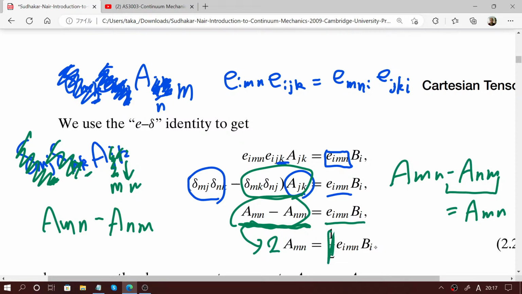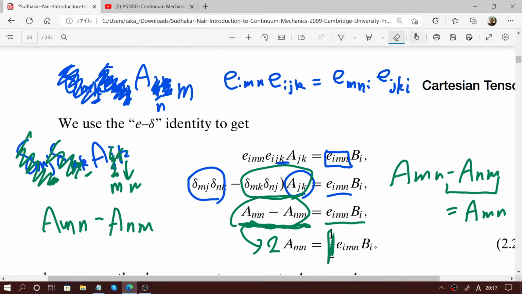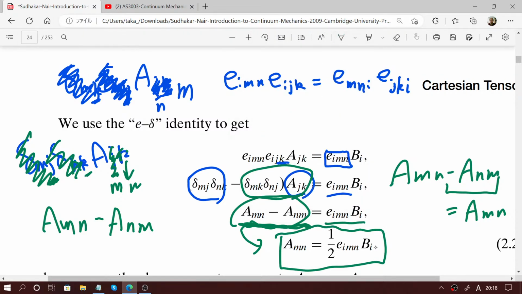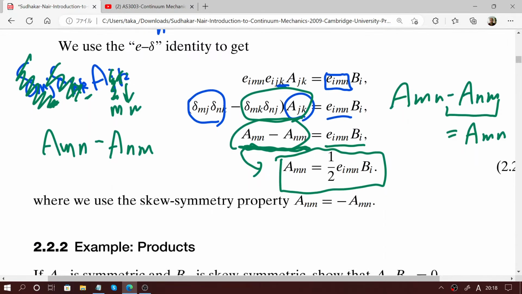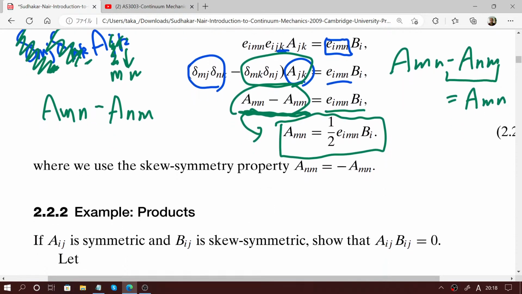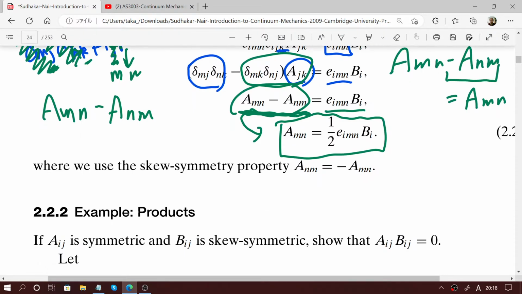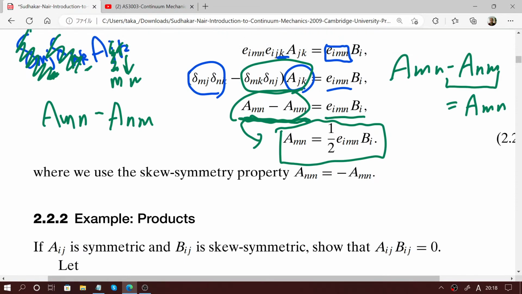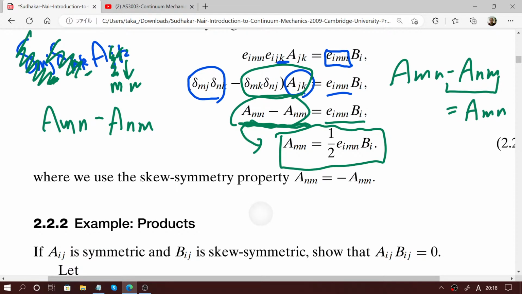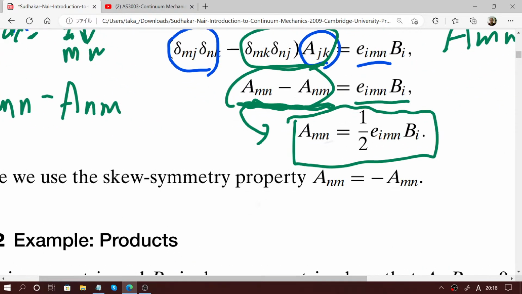You just divide both sides by 2, and eventually you get this one, where we used the skew symmetry property A MN equals minus A NM.